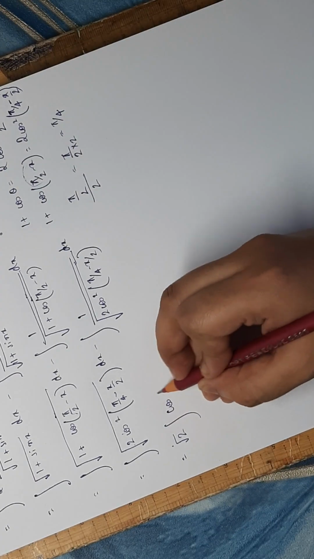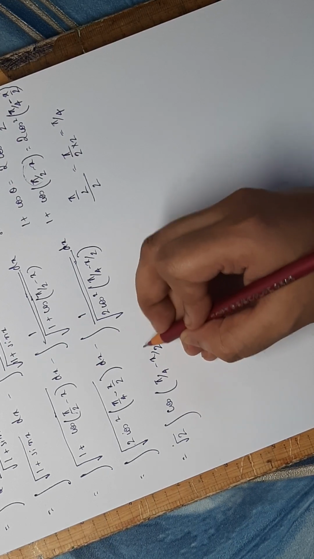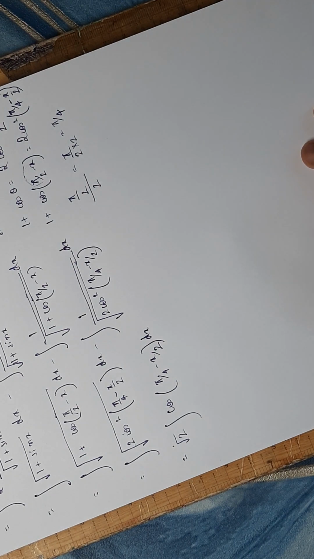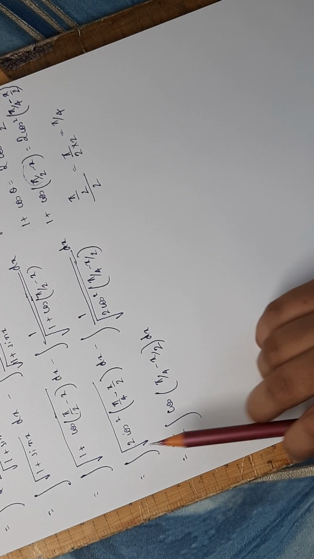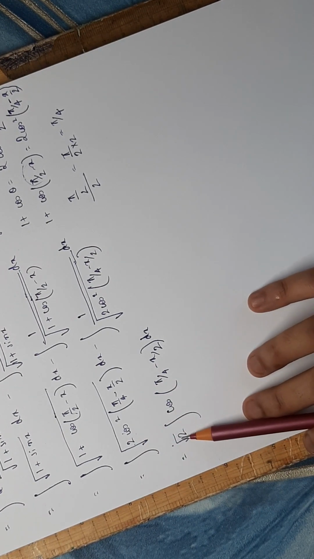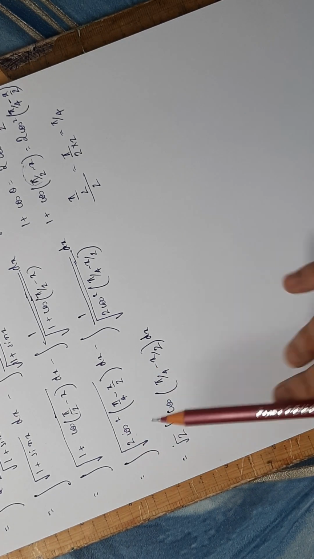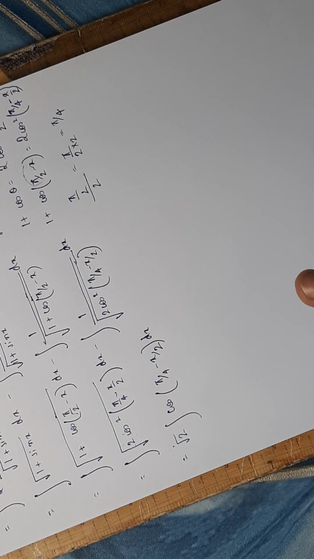It will become cos of pi by 4 minus x by 2, into dx. Is it clear? I hope you understood it, because if it would have been 4 in place of 2, then 2 would have come out, just 2. But since only 2 is here, root 2 has to come out.